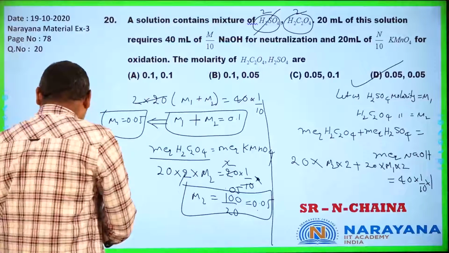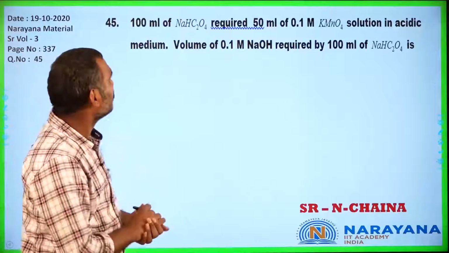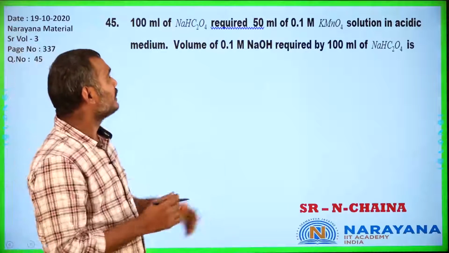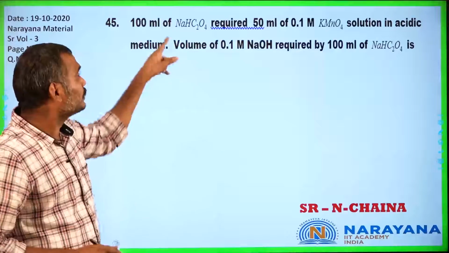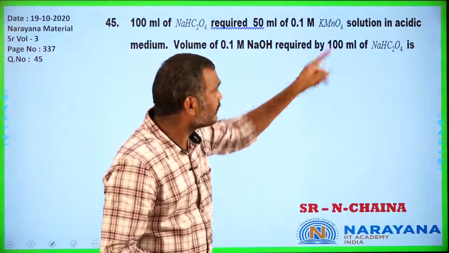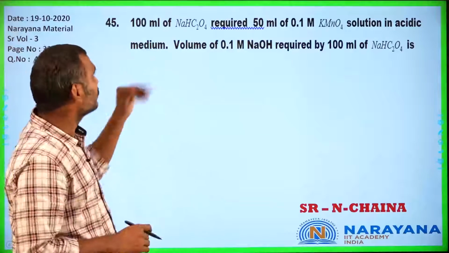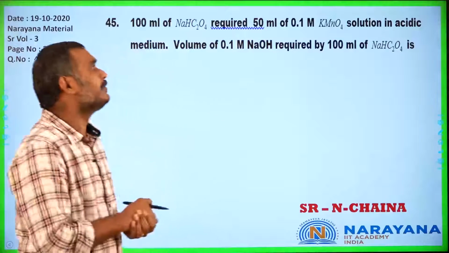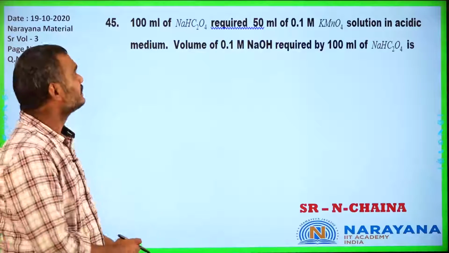Okay, students? Now, 10 ml of sodium hydrogen oxalate required 50 ml of 0.1 M KMnO4 solution in acidic medium. Volume of 0.1 M NaOH required by 100 ml of NaHC2O4 is?